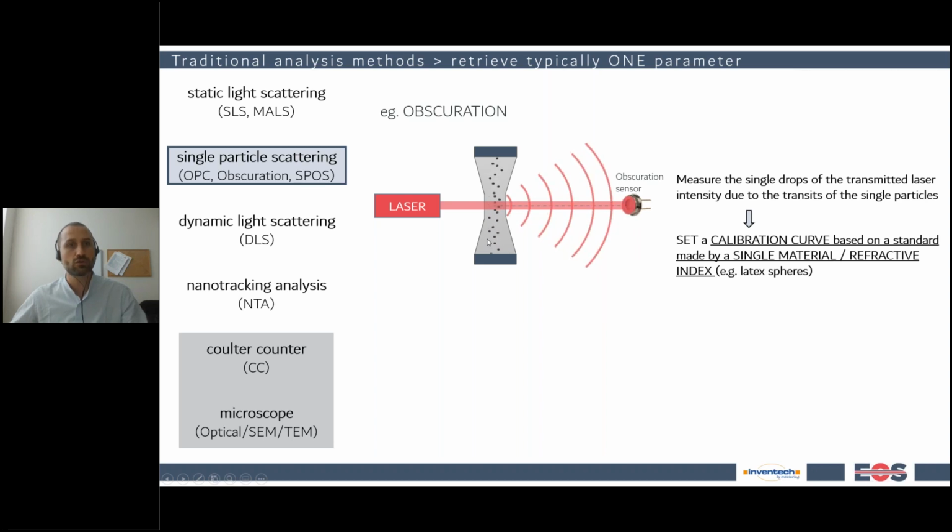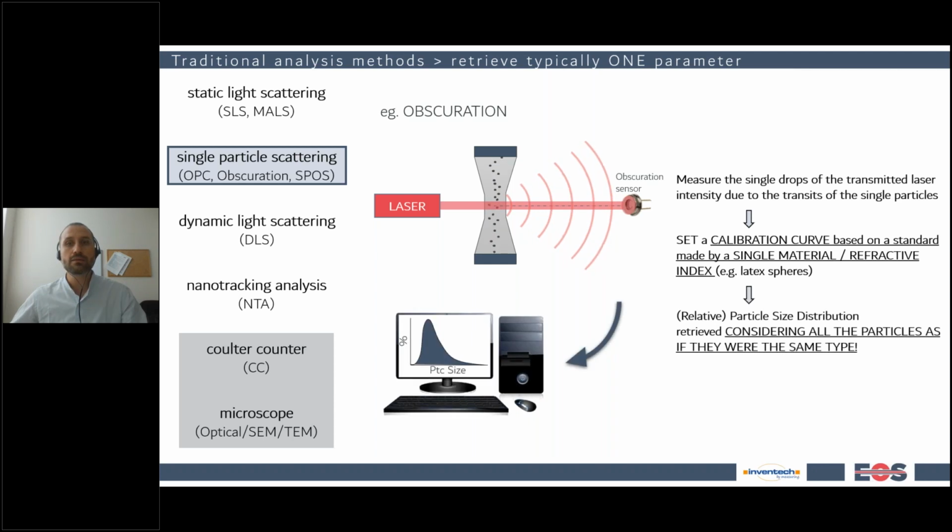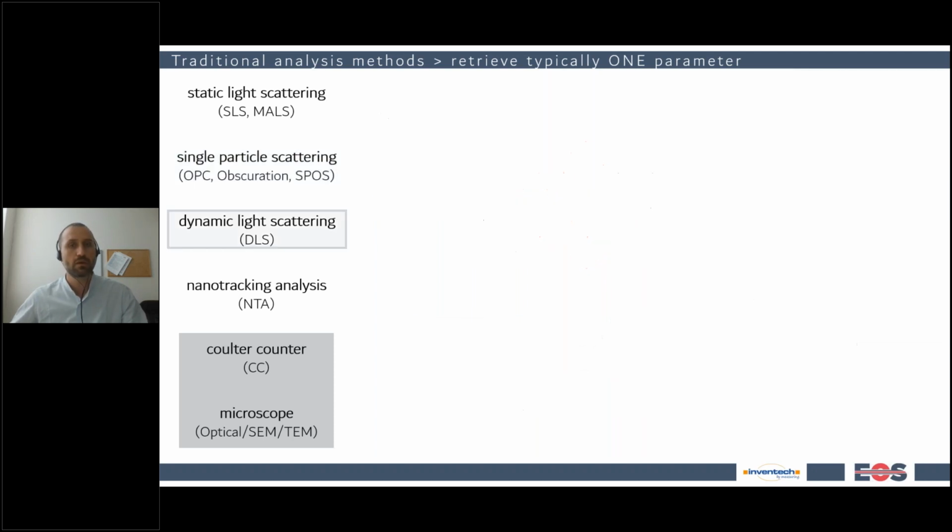Typically, the calibration curve is related to a well-known material, for example, latex spheres. Then the device provides the user the particle size distribution, considering all the particles, again, as if they were of the same type as the calibration. So you measure all the particles as if they were polymer. But that's not true in a mixture, because you cannot interpret all the signals as if they were made by the same material.